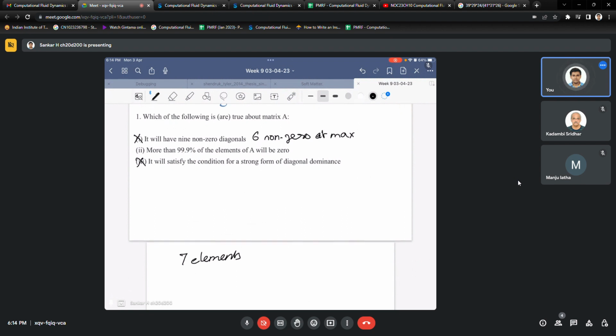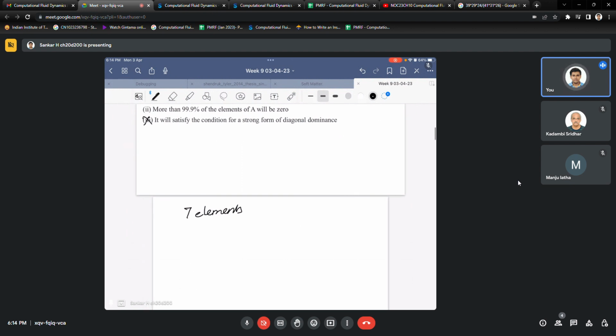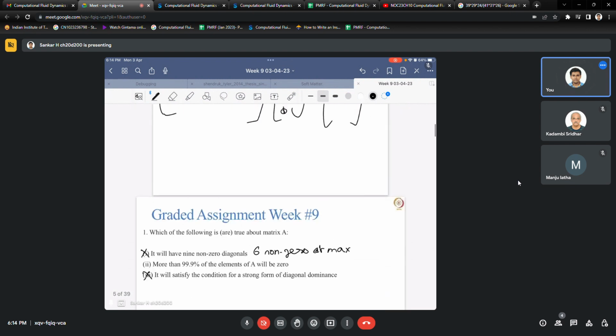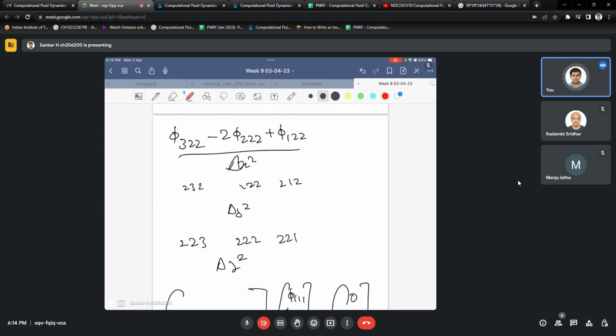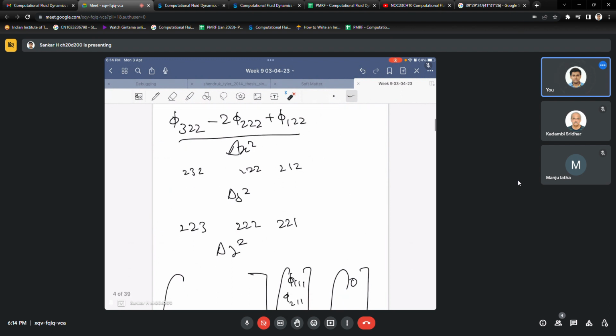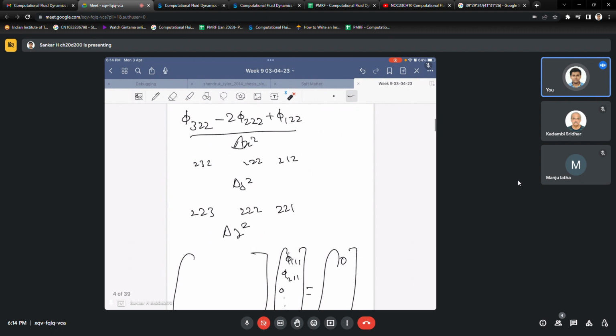Moreover, if you are taking an equation at the edges, if we consider the boundary condition, let's say over the equation that I have shown here, we know that phi 1 2 2, phi 2 1 2 and phi 2 2 1 etc. are in fact known values because of the Dirichlet boundary condition. Therefore when we substitute these values, we see that these are obeying the strong form of diagonal dominance.